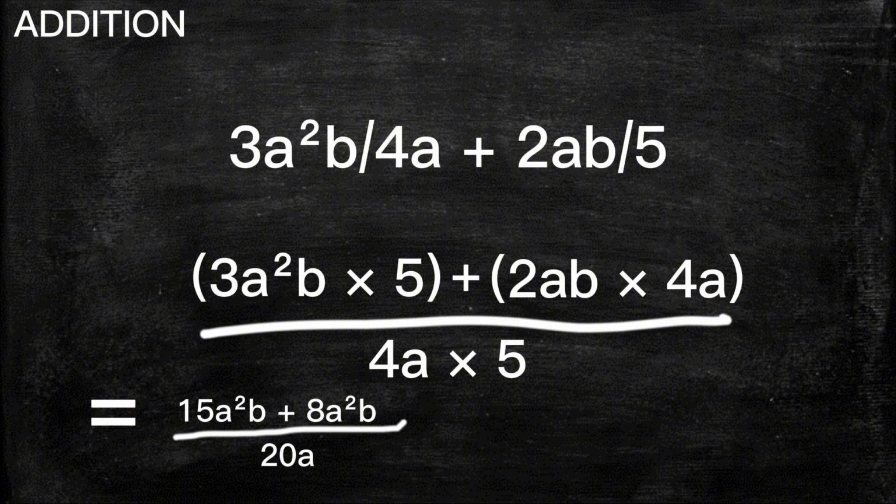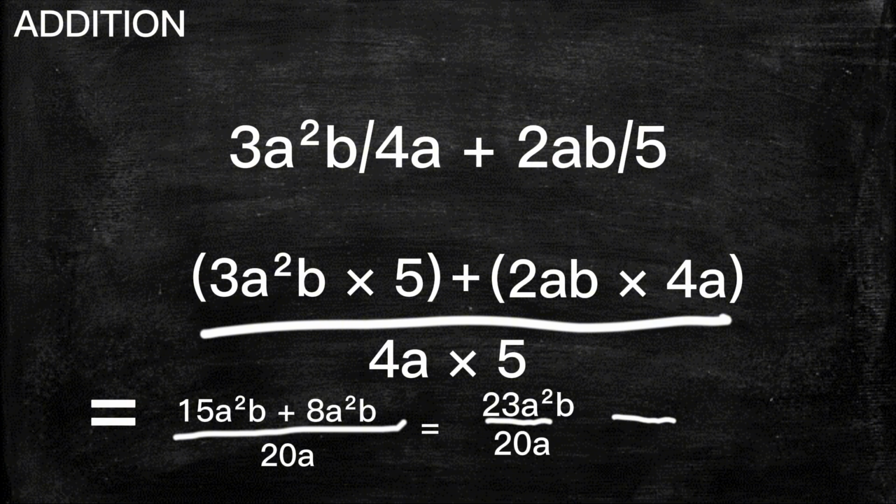So we have 15a squared b plus 8a squared b all over 20a. In the numerator, those two can add, so they will add up to give us 15 plus 8, which is 23a squared b all over 20a.